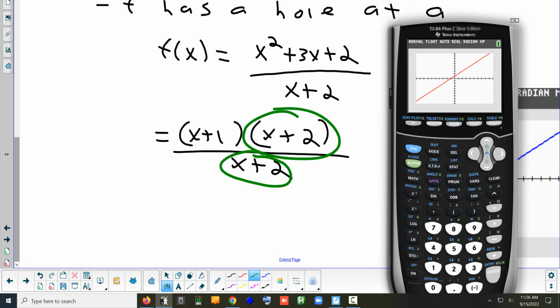That's what causes a hole. When you have a common factor, you could cancel it out. So let's change it so we don't have a common factor. Let's just change it from plus 2 to plus 3. Well, now the top doesn't factor as x plus 1, x plus 2, and it's going to look completely different.